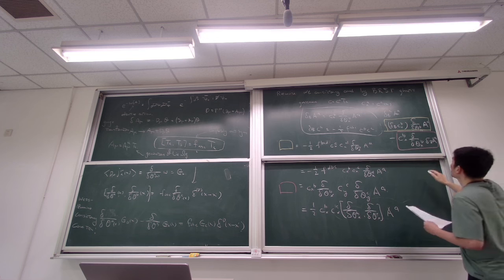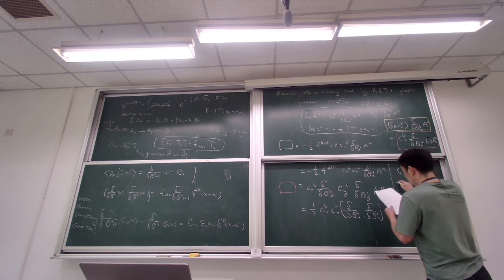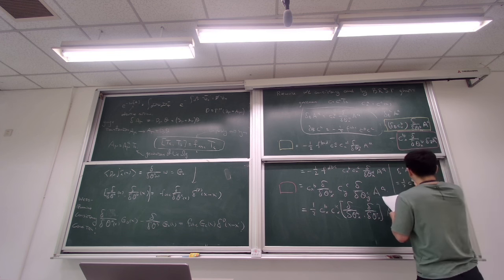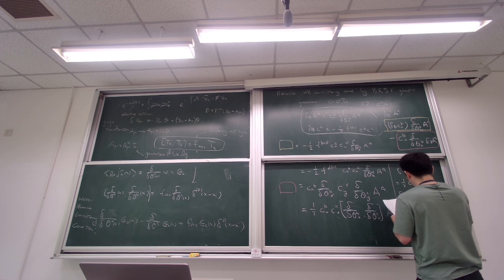So what you end up with, delta square AA is indeed 1/2 CBCC XX and the minus ABC del theta XD.